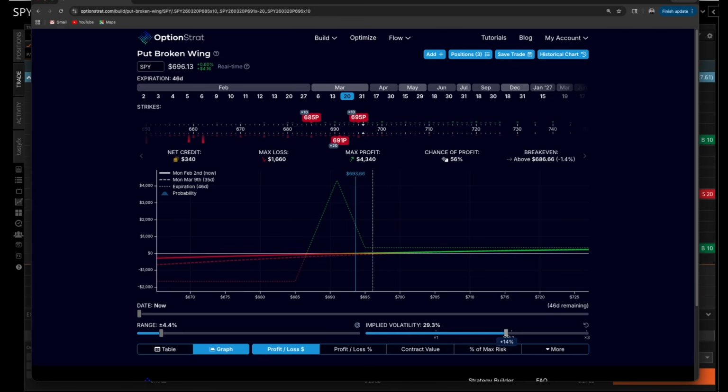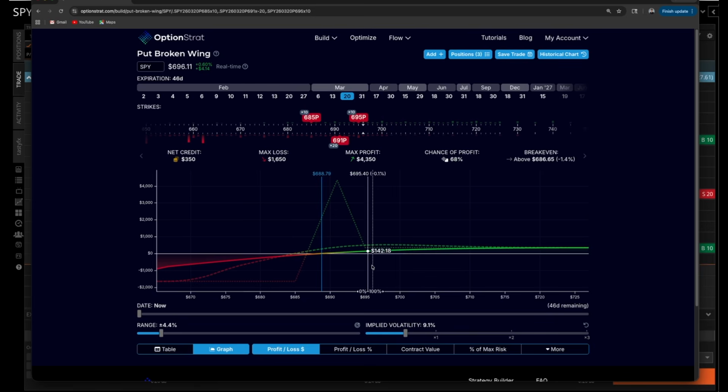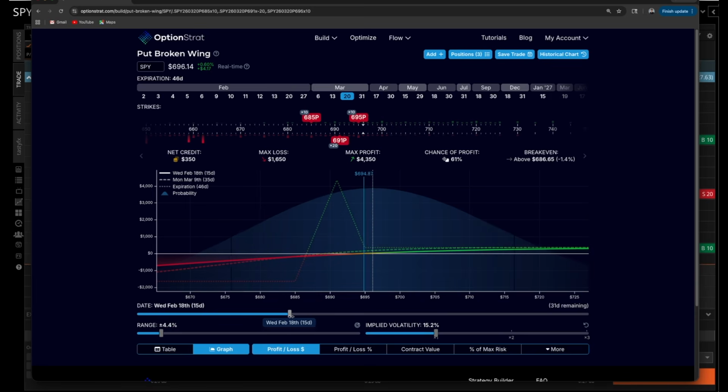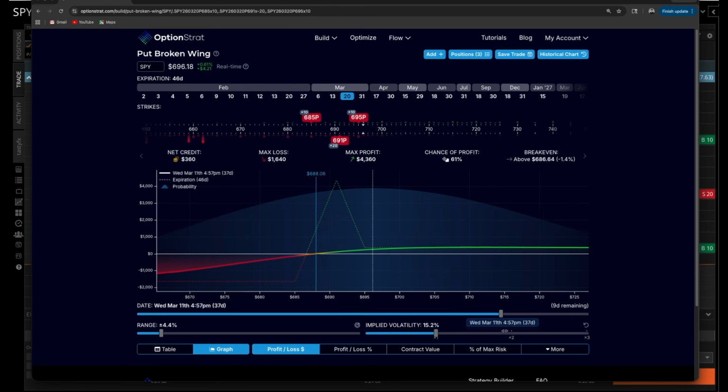So if we double implied volatility, we can see that the trade is very resilient to the downside. Conversely, if we reduce implied volatility, we can see the T plus zero line rise, especially as SPY trades higher. Okay, so that's not bad. Let's see what happens as time moves forward. It's basically a very similar effect to a reduction in implied volatility.